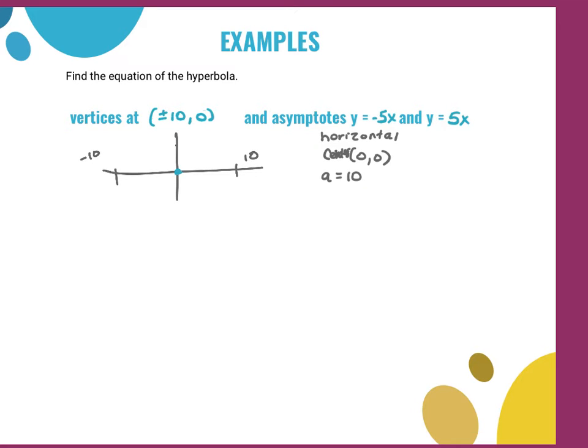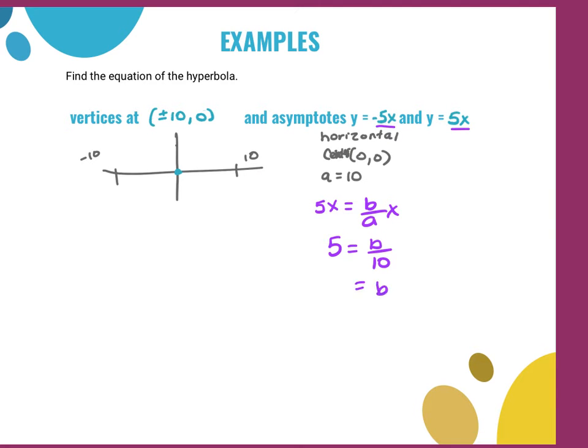Then it says asymptotes are at positive 5x and negative 5x. So my negative 5x or positive 5x equals, it's horizontal, so this is the b over a x scenario. So 5 equals b over 10, because a is 10.